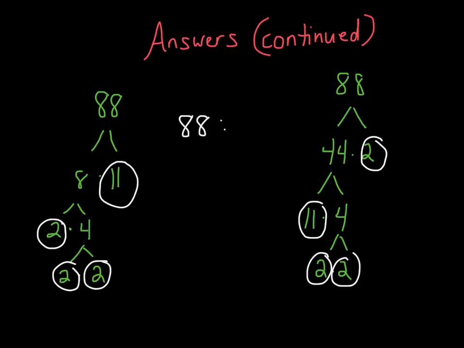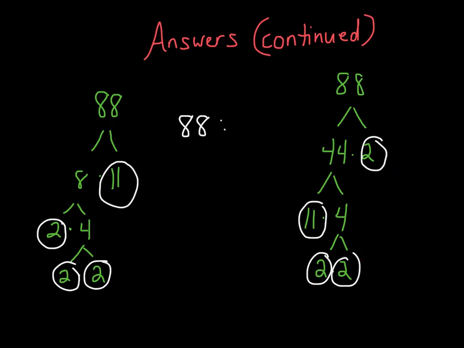For 88, again, I'm showing you 2 factor tree choices. You could start 88 as a factor pair using 8 times 11, and then you would break it down this way, and you would end up with 2 times 2 times 2 times 11, or you can start with the factor pairs of 44 times 2 and break it down this way, and you would still end up with 2 times 2 times 2 times 11.